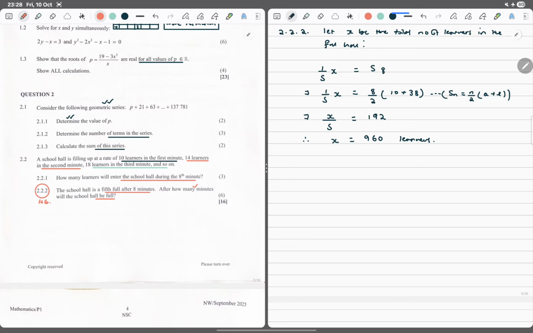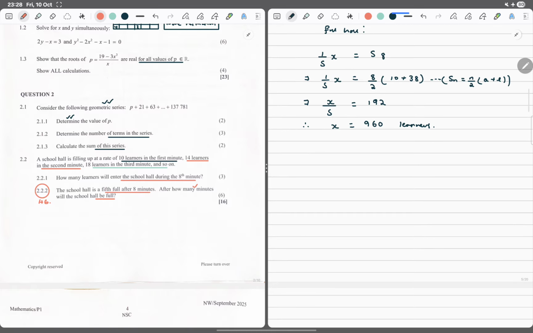So now that we know the number of learners, we can find out how many minutes are involved here, which is the number of terms that we added, because the minute is the term position here. You can say now then, we know that S sub n is otherwise n over 2 into 2a plus n minus 1 times d.